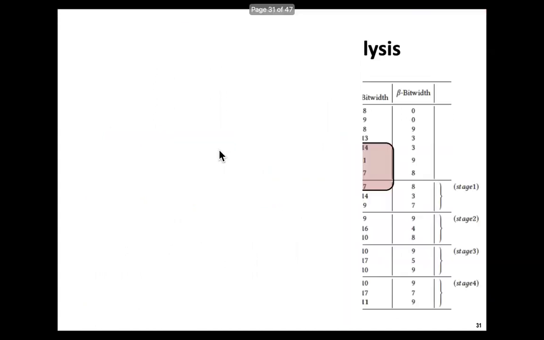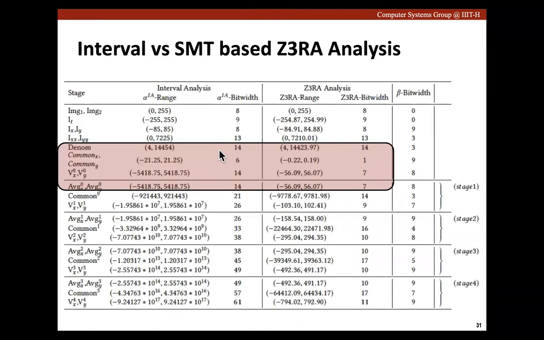For example, if you see here, with the increase in the iterations, this column is where we use an SMT solver to solve this problem. We'll come to that later. But if you see here, common X and common Y, they require 6 bits.